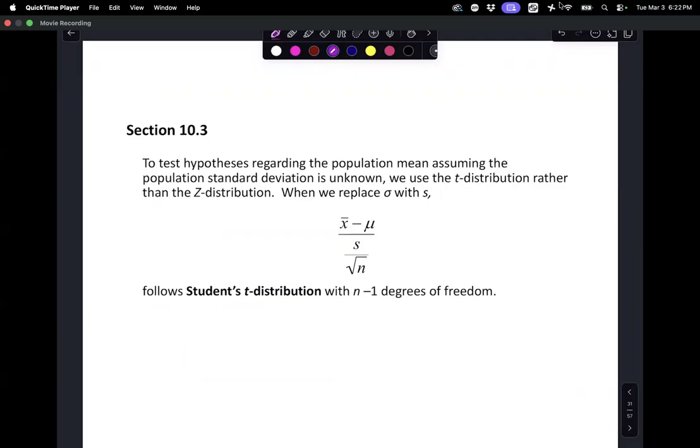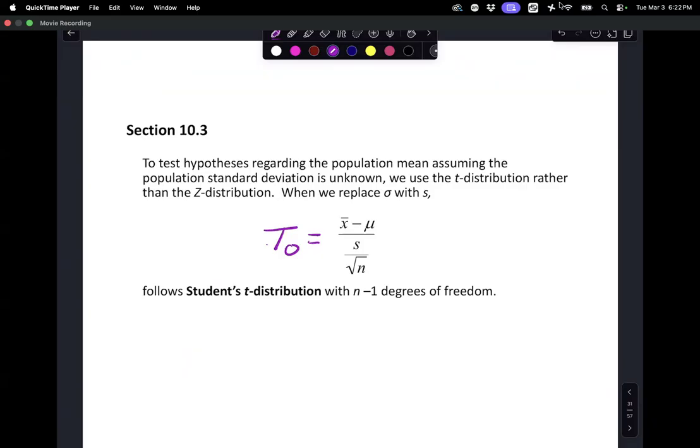So this right here, our t naught, is going to be the mean from your sample minus the mean from your null hypothesis, divided by the standard deviation. Now, all we're going to have is a sample, so our standard deviation is going to be based on the sample and the sample size, because we don't have a population standard deviation.